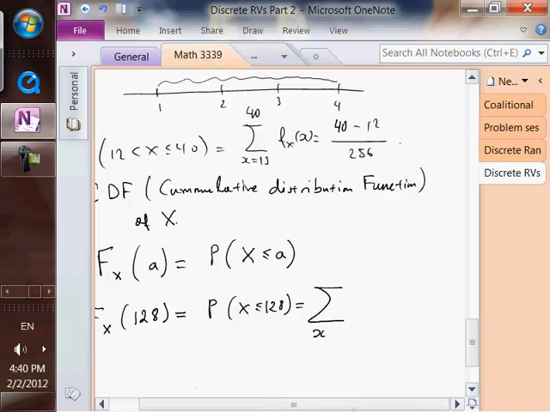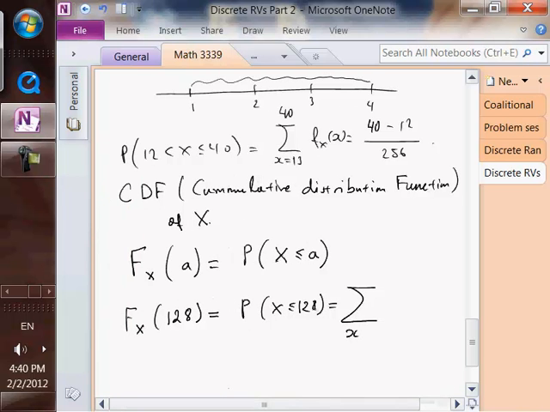I have to take all values of the random variable that are less than or equal to 128, up to 128. How many values do I have? 129 divided by 256.